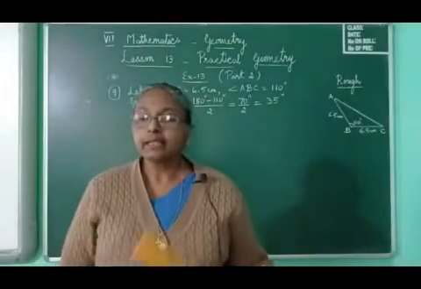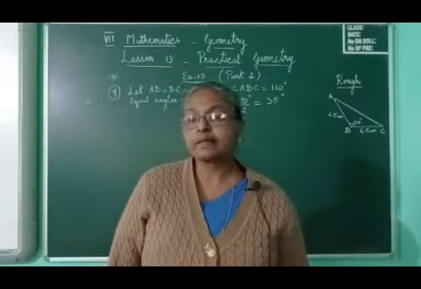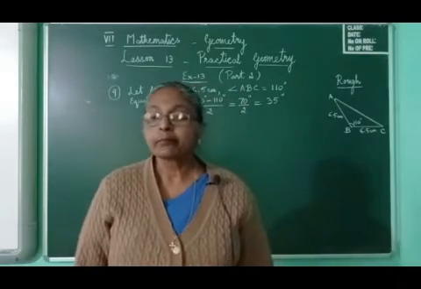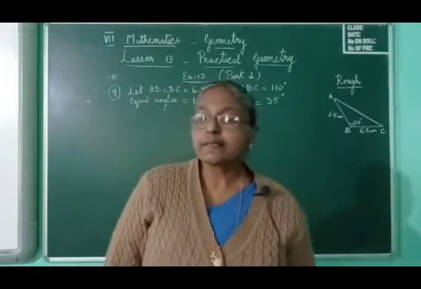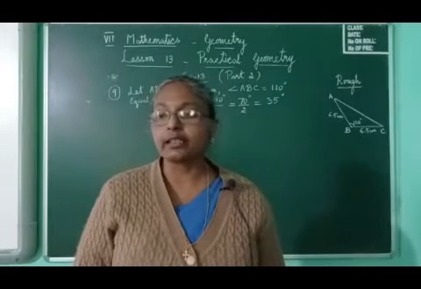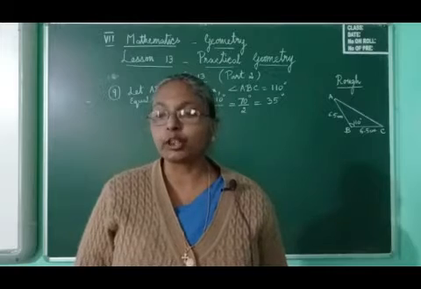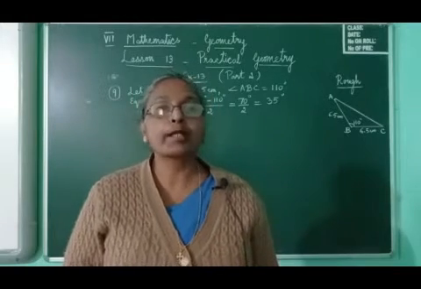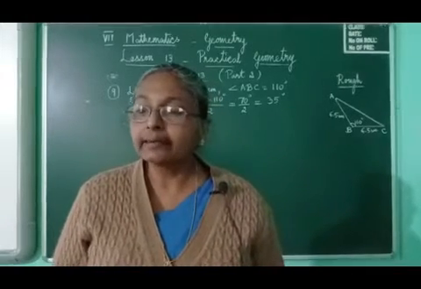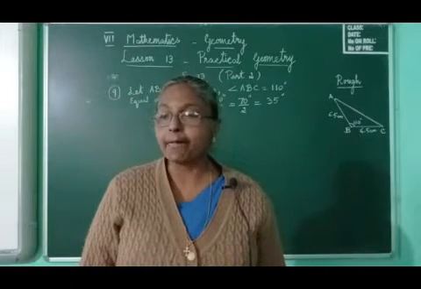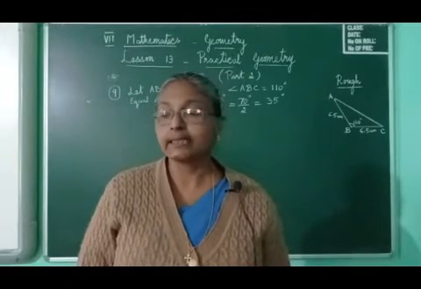You can see the ninth sum now. Let me read the sum for you. Construct an isosceles triangle in which the length of each of its equal sides is 6.5 centimeters and the angle between them is 110 degrees.